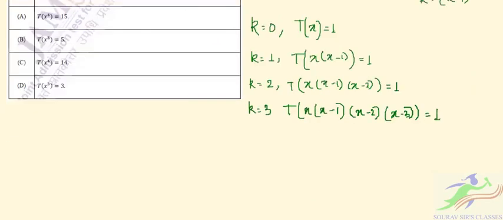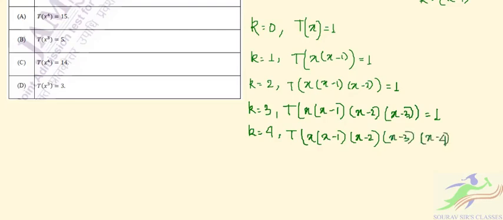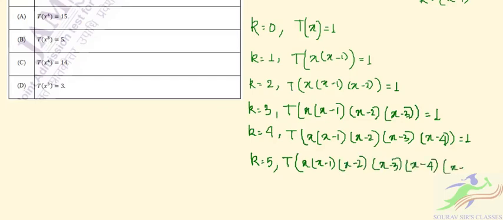Similarly, for k equal to 4, T of x(x minus 1)(x minus 2)(x minus 3)(x minus 4) equal to 1, and k equal to 5, that will be T of x(x minus 1)(x minus 2)(x minus 3)(x minus 4) is equal to 1.